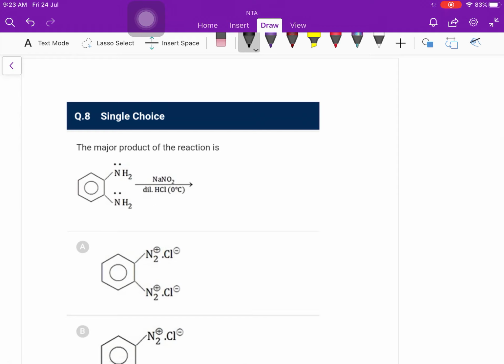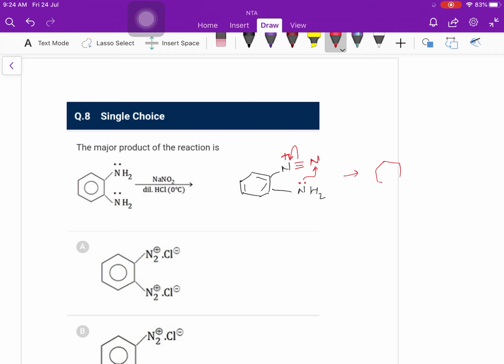The major product of this reaction: with NaNO2 and dilute HCl, what we will get is N2+ first. What will N2+ do? With N2+, N triple bond N+, this nitrogen lone pair can attack this nitrogen, and this will take the electron with them.